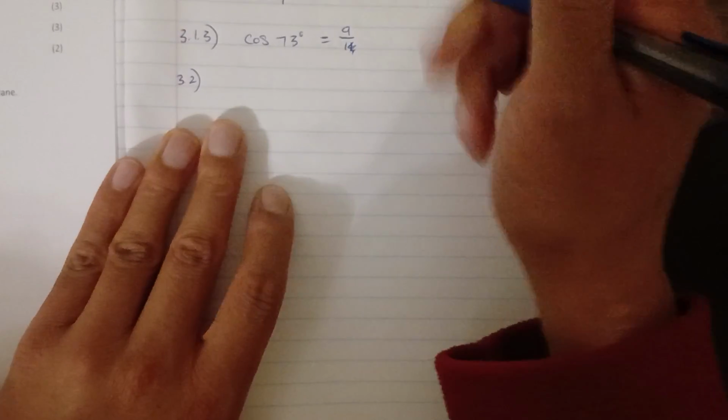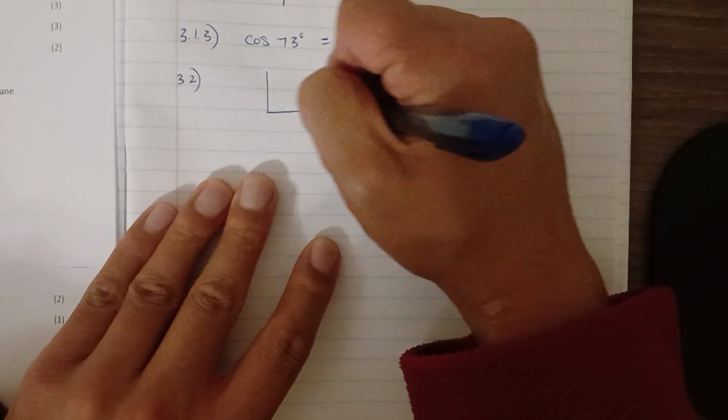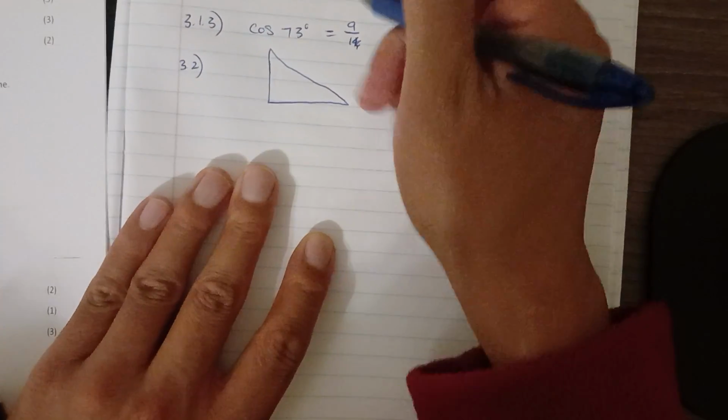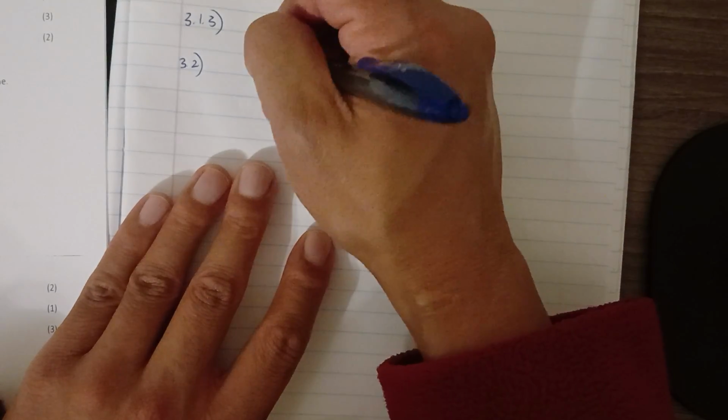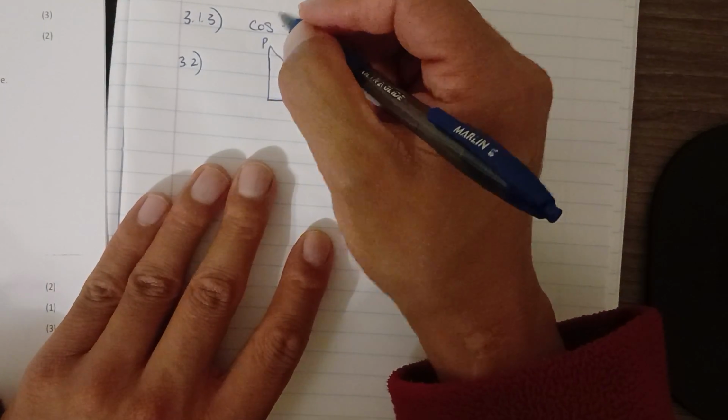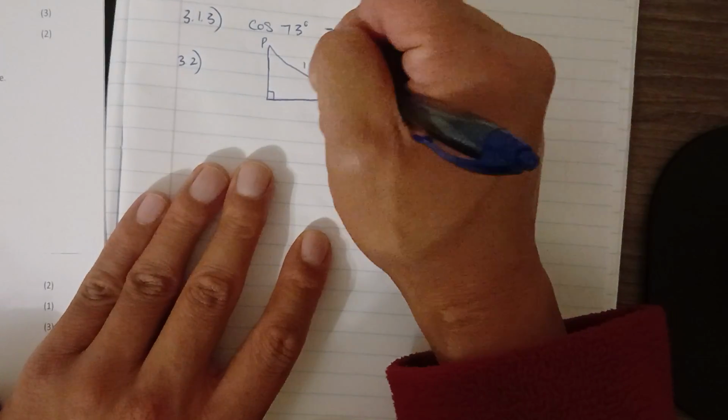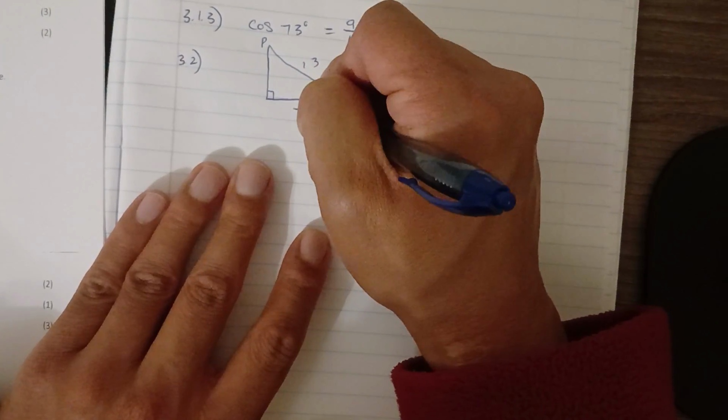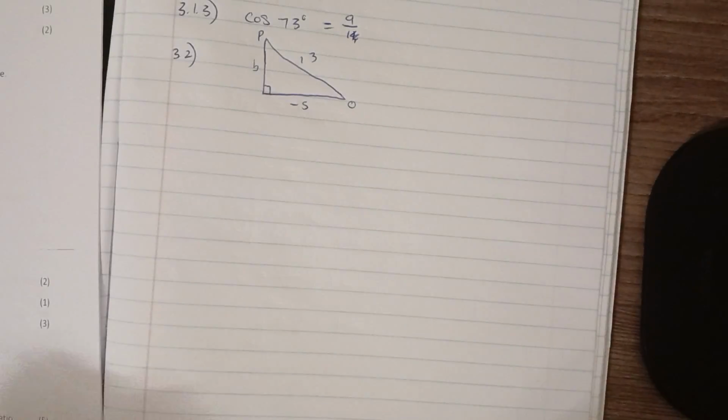So basically what I have there is this. That's O, that's P. Okay, that's all I have. So that's 13, that's -5, and P is over here, so I can use Pythagoras and solve that.